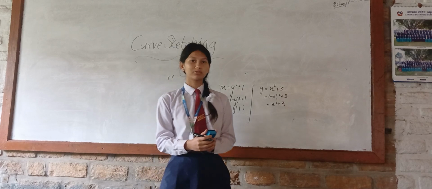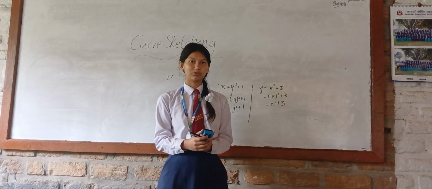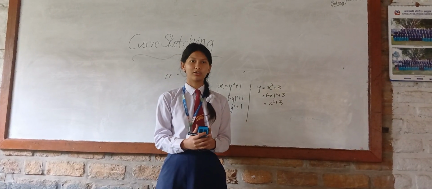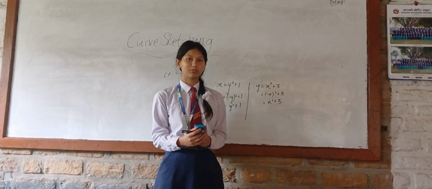Now, for a curve to be symmetrical about the origin, if we replace x with -x and y with -y, then the result becomes negative.